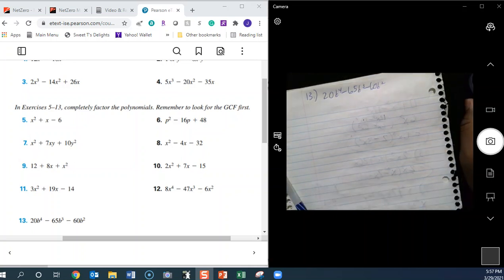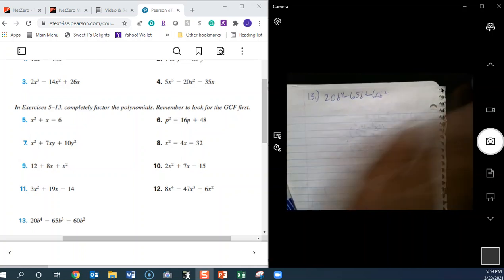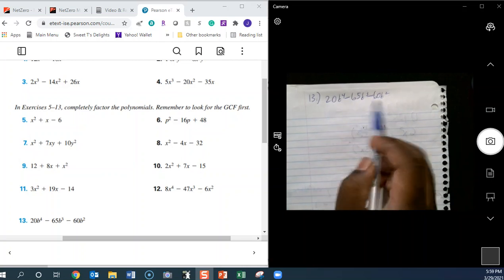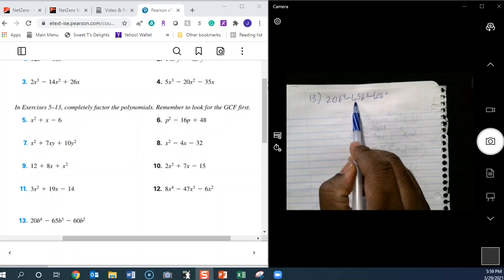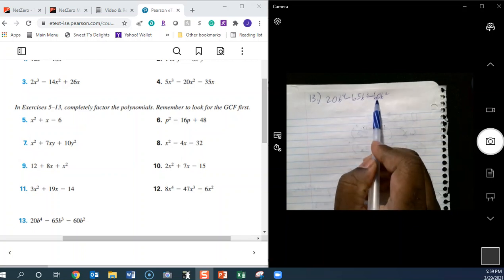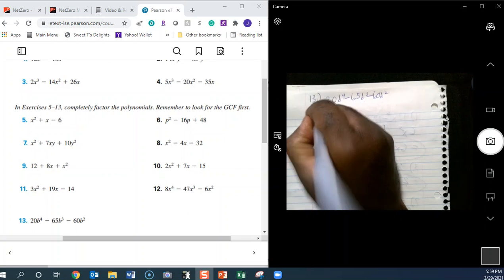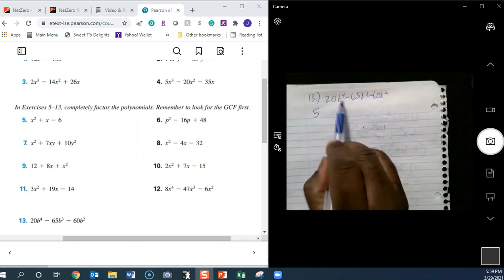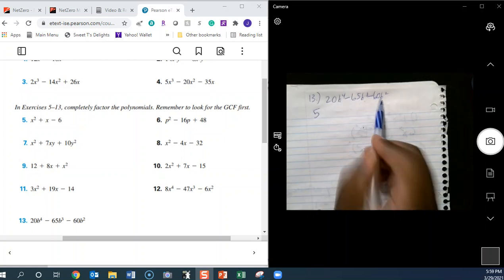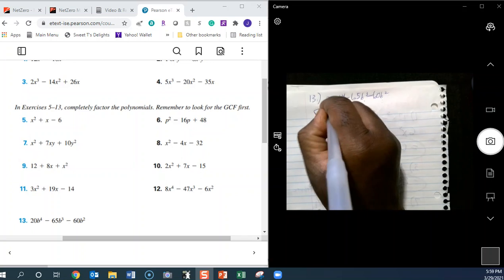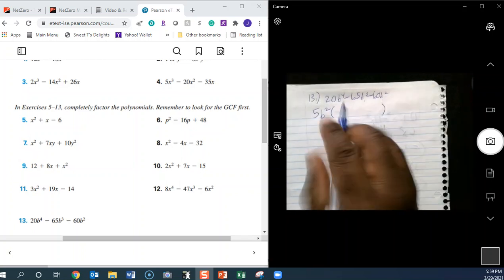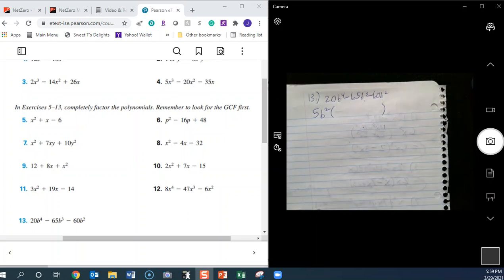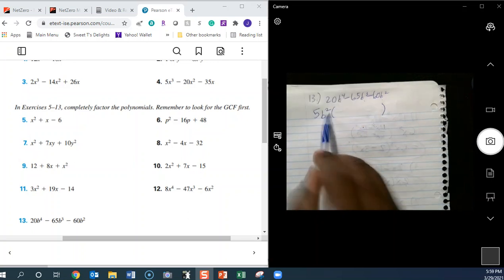Now, as we look at this problem, we will see if these have a greatest common factor with all three terms here. 20, 65, and 60 only have 5 in common. B to the 4th, B to the 3rd, and B to the 2nd. Greatest common factor would be B to the 2nd.